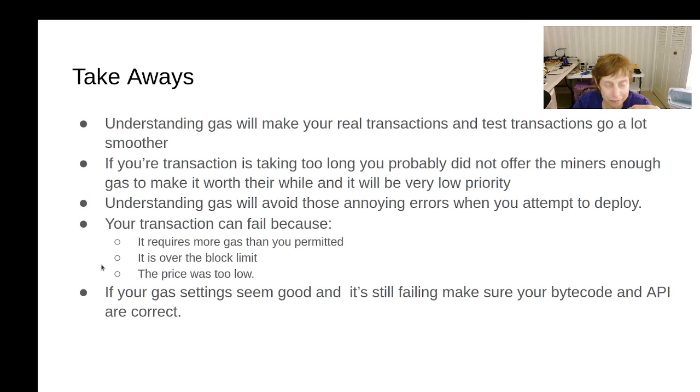But it didn't fail with the error you'd expect. It failed making you think it was the gas, that you had given it the wrong amounts. I spent some time going down that rabbit hole to no avail.